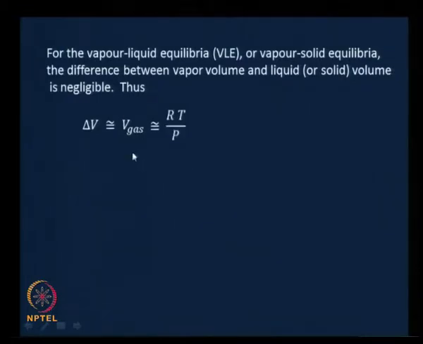And the volume of the gas can be approximated if the gas can be considered to behave ideally. Under conditions of normal temperature and pressure, this is a reasonably good assumption, except if you are dealing with very tricky gases.